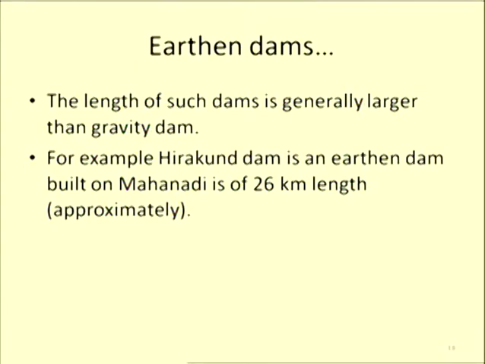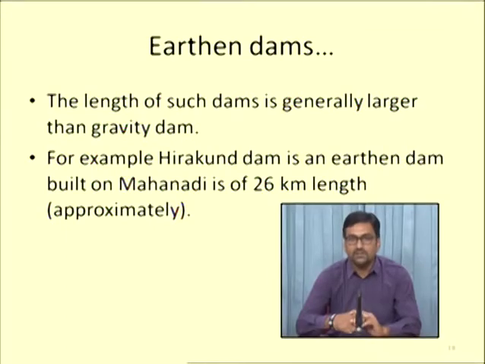The length of such dams is generally larger than gravity dams. Gravity dams are basically constructed in a gorge, while earthen dams can be constructed on the alluvial reach of the channel or river. So the total length would be larger.